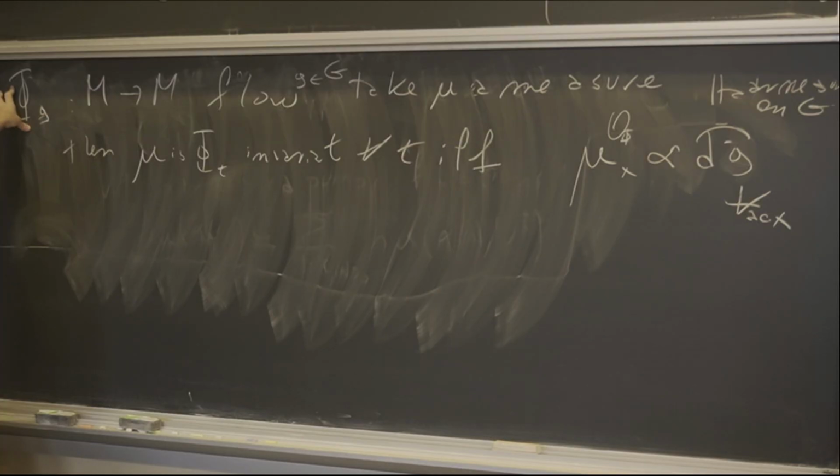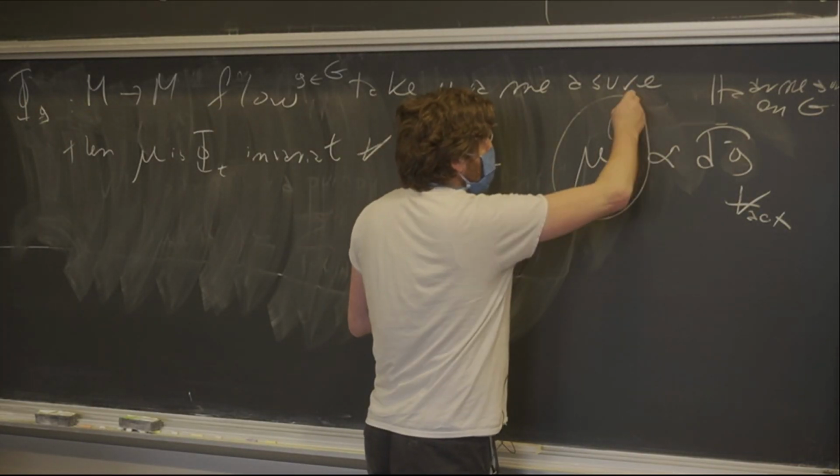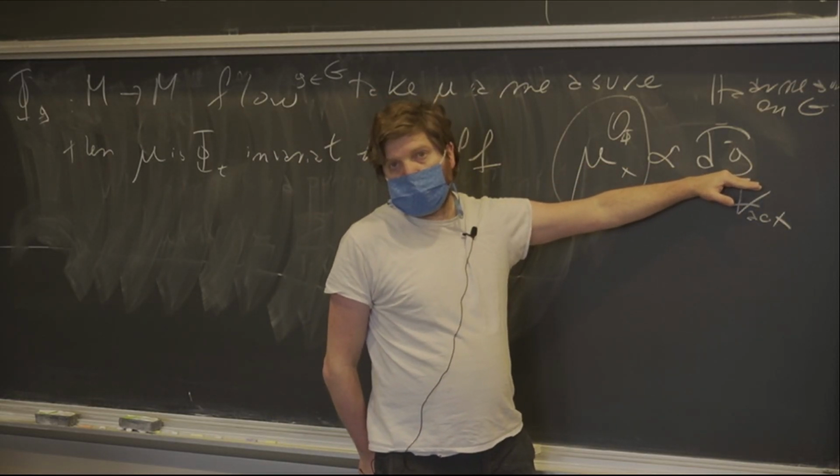And once you have these long tubular neighborhoods, then I can make sense of this, and I can compare this with R measure along the orbit.